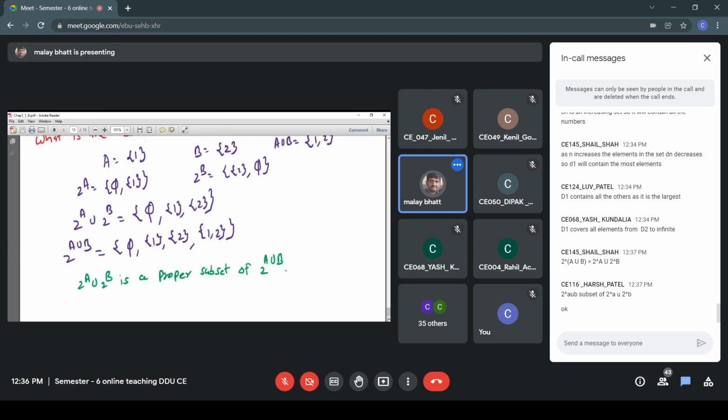Because all the elements of 2 raised to A union 2 raised to B are a part of 2 raised to A union B. So this is all about the set theory.